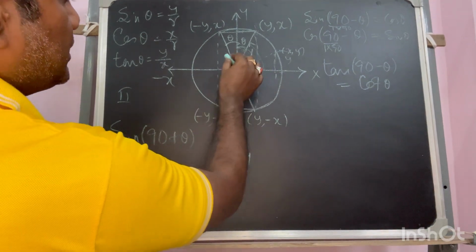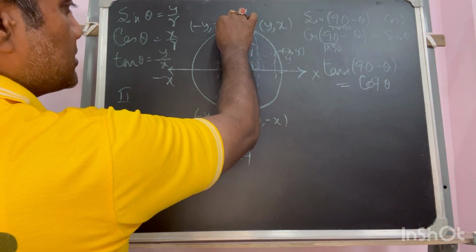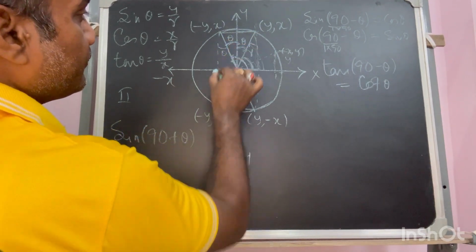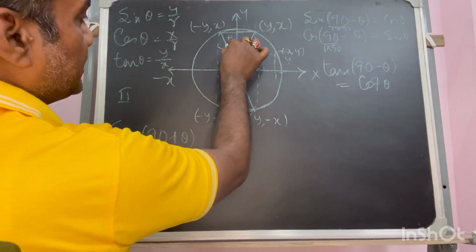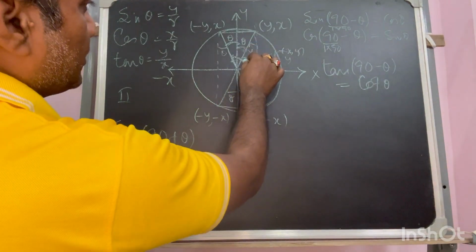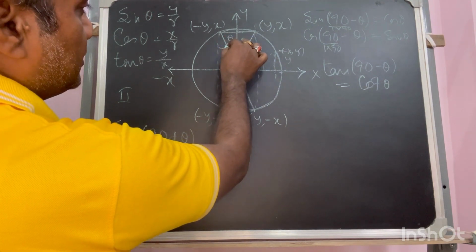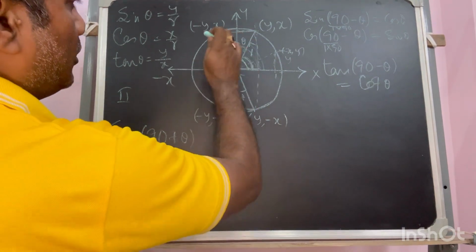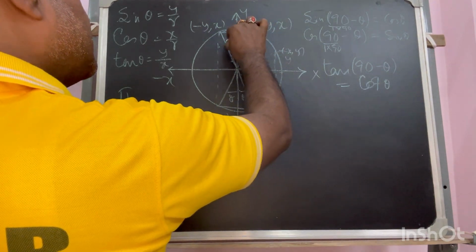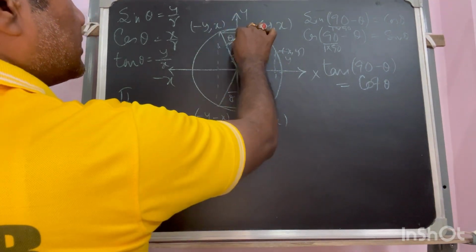But 90 plus theta, where are we reaching? This arm, this is theta, this is also theta then. So if I take sine of this angle, sine theta, I can consider this is sine theta.